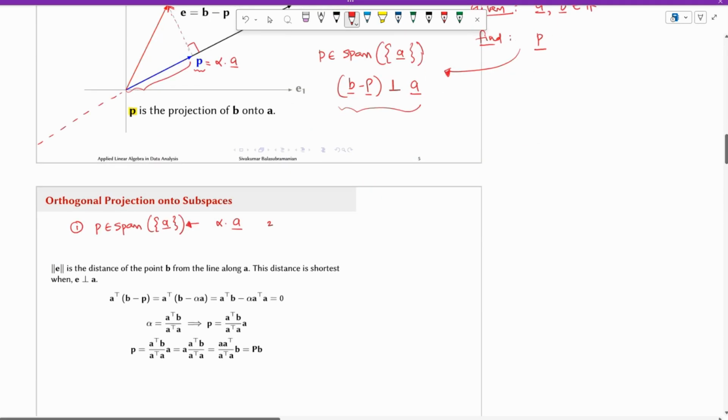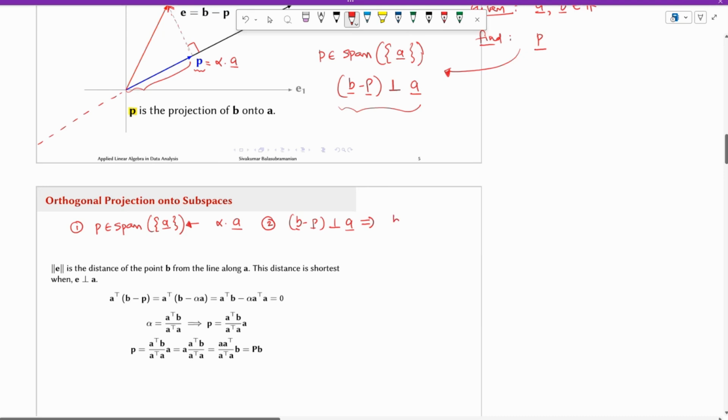The second condition is B minus P is perpendicular to A. What does this translate to algebraically? Geometrically we're saying they're perpendicular to each other. What is the corresponding algebraic expression for that? Their standard inner product is 0.